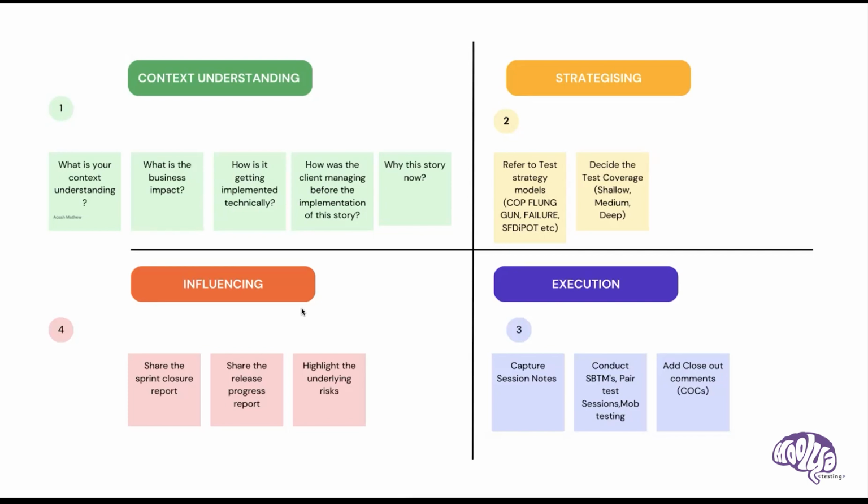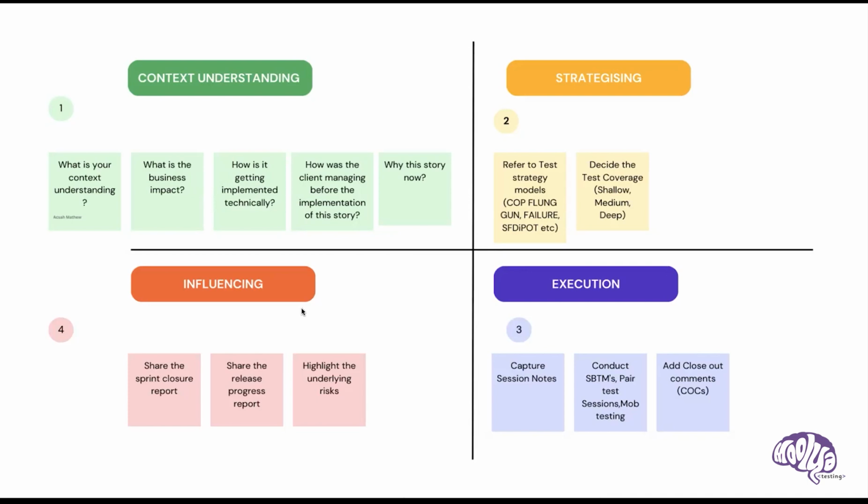Then once we have the context understanding, we move into strategizing. In strategizing, we try to come up with test charters. For those of you who don't know what a test charter is, I would request you to reach out to the Moolya team, who would help you with YouTube channels where you can see the Moolya Way of Testing and all.